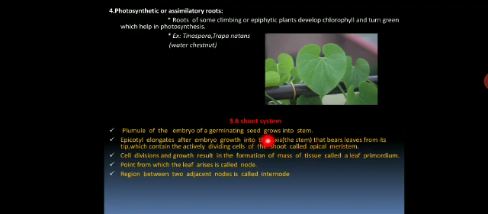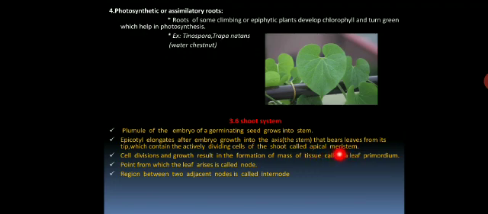The stem bears leaves from its tip only, because the tip portion contains meristematic cells. These meristematic cells are very fast dividing in nature. That is called the apical meristem. Apical refers to the apex or tip portion containing meristematic cells.